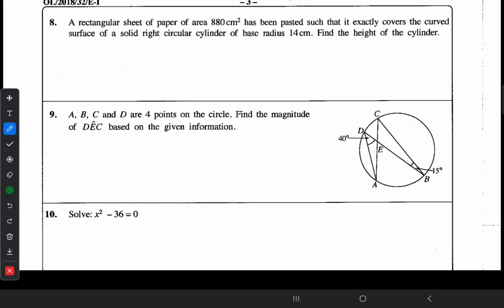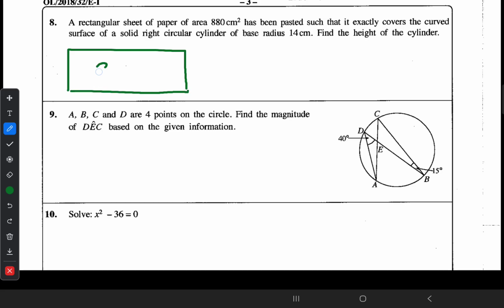Eighth question. A rectangular sheet of paper has been pasted such that it exactly covers the curved area of a solid right circular cylinder. That means the curved surface of the cylinder is equal to the rectangle's area.